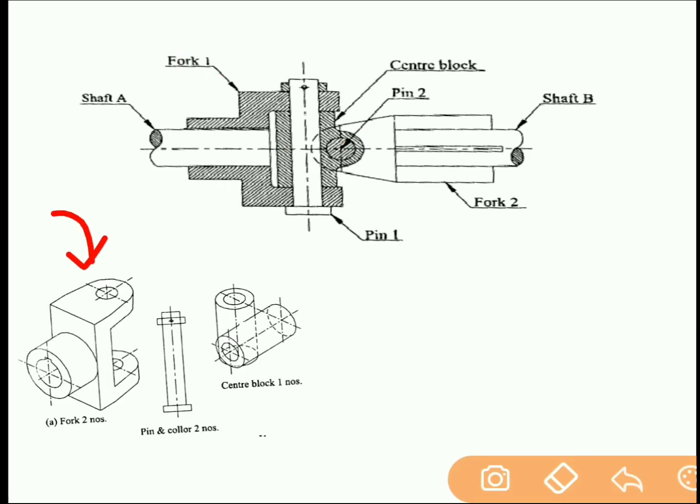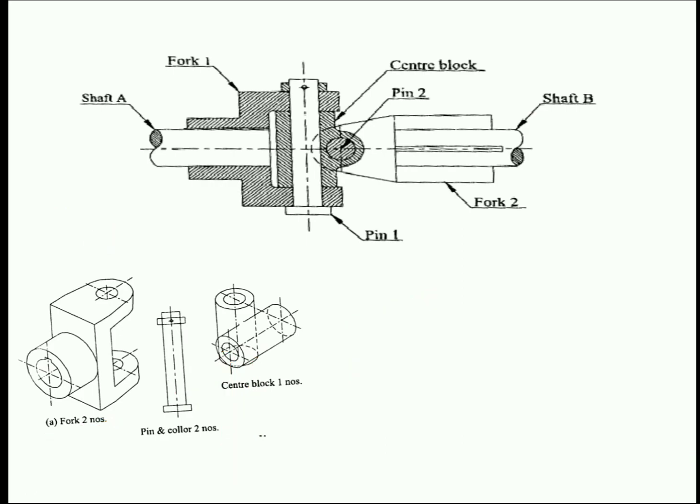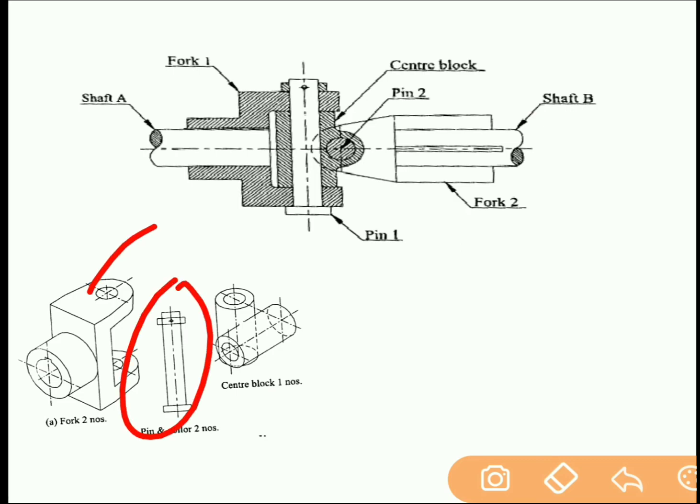So the forks are of two numbers, fork A and fork B, and there is one central block over here. These central blocks extend in both the directions. So central block will look like a plus sign which is there between first fork and the second fork. And there is a pin which is used to connect the fork and the central block.